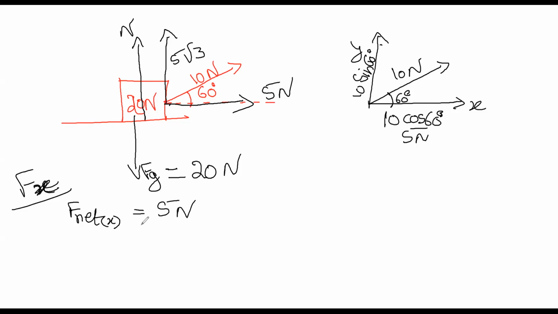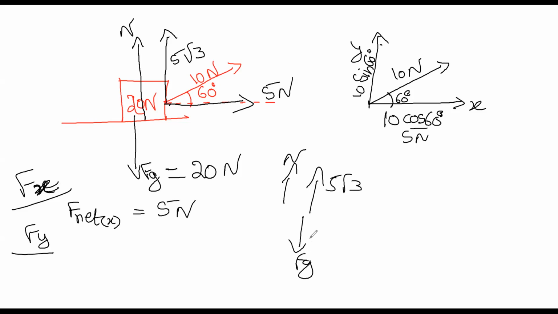There are no other forces. Only one force, 5 Newton, done. Now F along y. So 5√3 is there, normal is there, force due to gravitation is there. Fg downwards, normal force, 5√3.